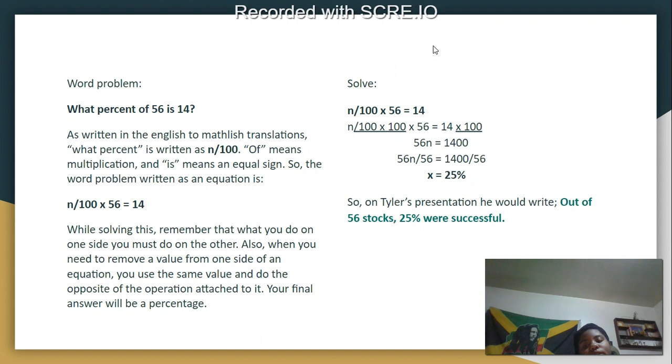While solving this, remember that what you do on one side, you have to do on the other. And when you need to remove a value from one side of the equation, use the same value and do the opposite operation that is attached to it.